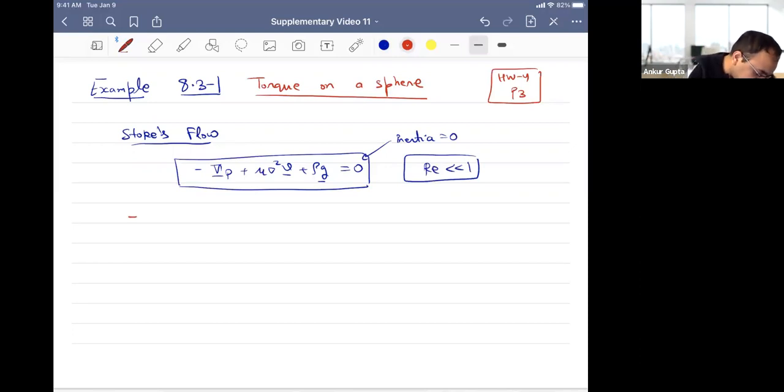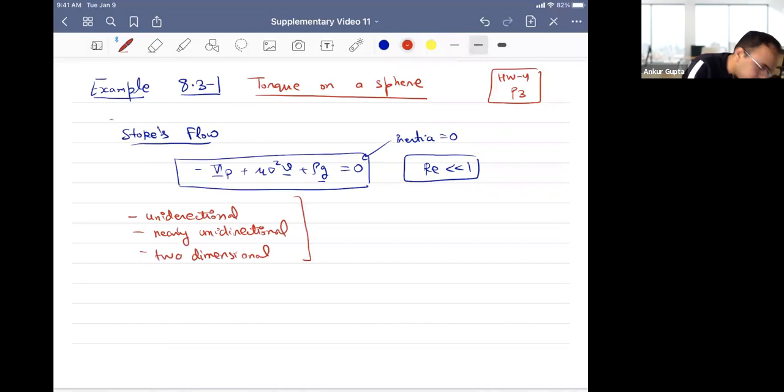So: unidirectional, nearly unidirectional, and two-dimensional. These are the kinds of flows that you can solve within Stokes flow. They all come under the Stokes flow category.